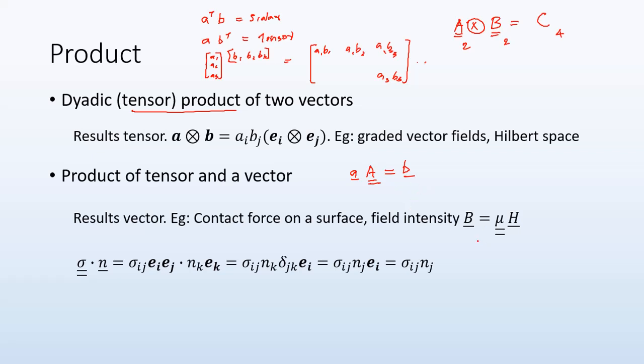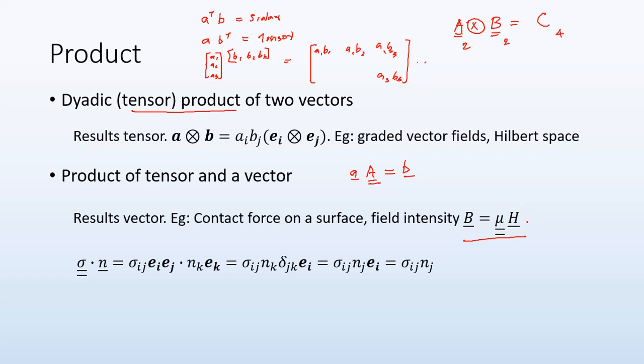I will take the same example which we have done in our first video, that is magnetic field intensity in free space. B is a vector, H is a vector, where mu, the magnetic permeability in an anisotropic medium, is a tensor of rank 2.